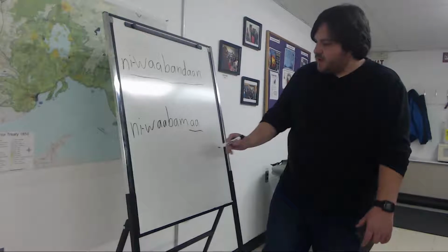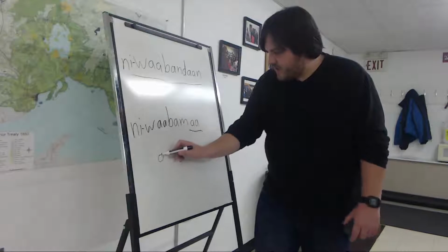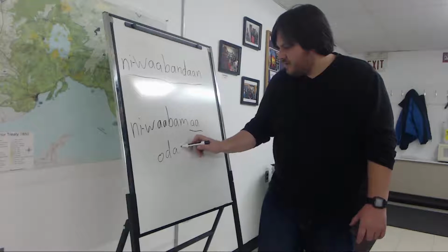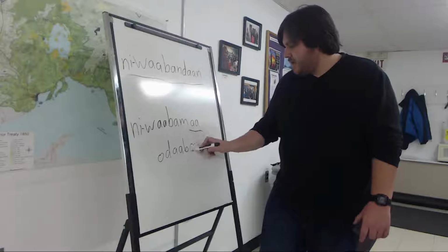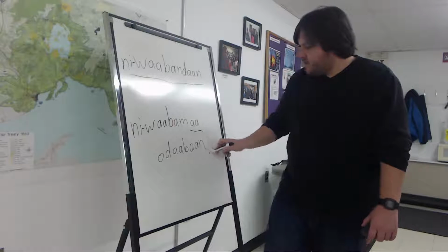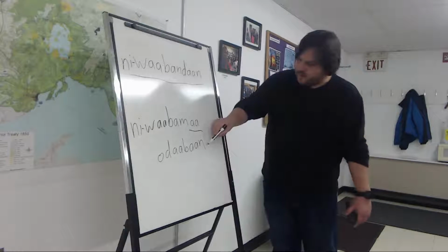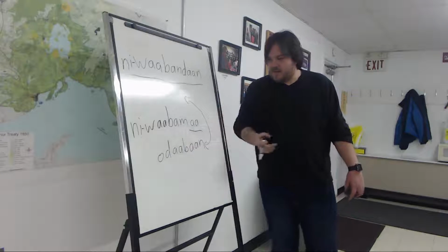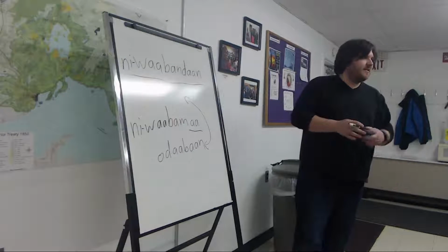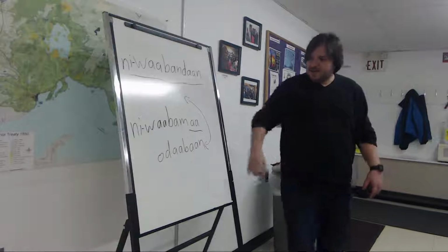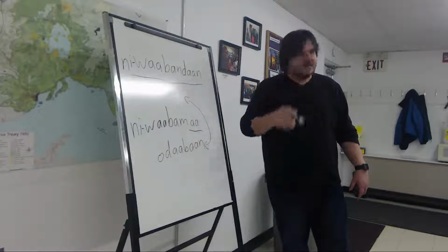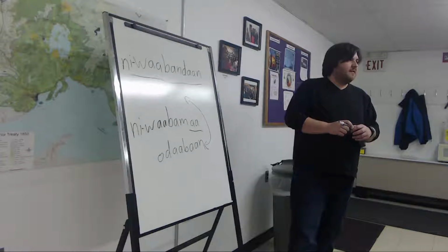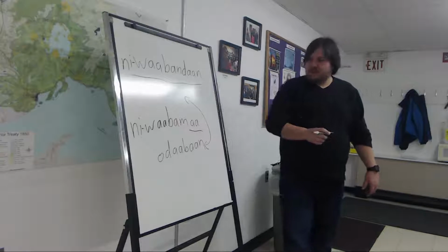Since the car is considered animate there, you'd use Nawabama. Again, I could go at the front too if you want, another spot. Daba and Nawabama, I see a car, or Nawabama with Daba and so I see it there. Nawabama, yeah.